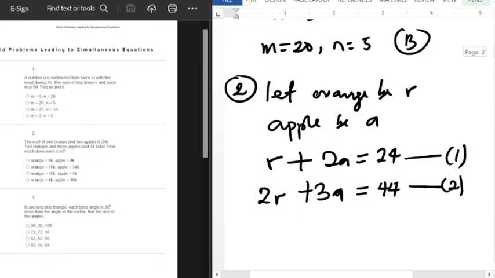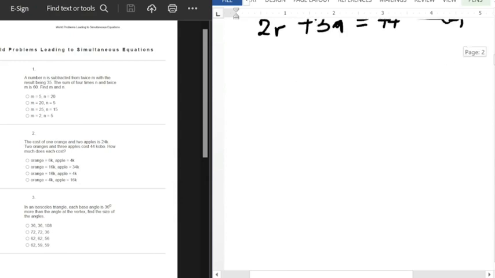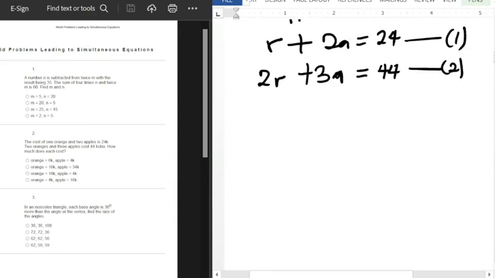So that means let's now look at what we're going to have there. We're going to solve this simultaneously. From here as well, you can make use of the substitution method because the coefficient of R here is 1. So you can say in equation 1, make R the subject of formula.